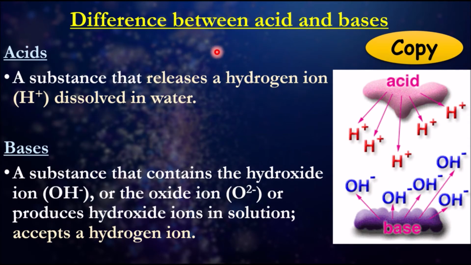Okay, so what difference is there between an acid and a base besides the texture and the taste? Acids are commonly defined as a substance that releases a hydrogen ion when it dissolves in water. A base, on the other hand, will release hydroxide groups, maybe even oxide groups, when it's dissolved in water.